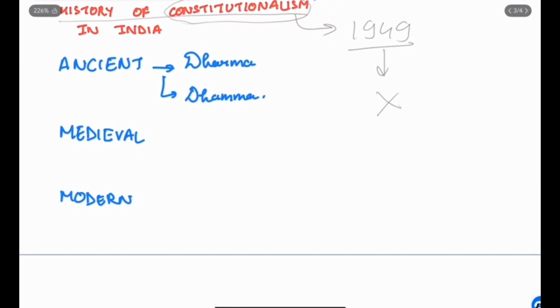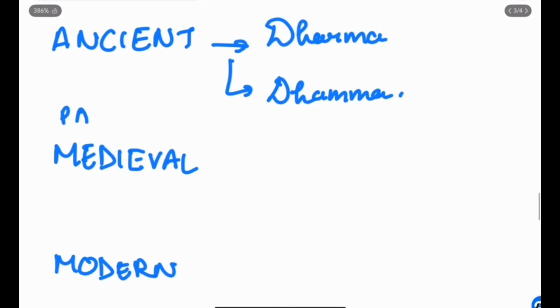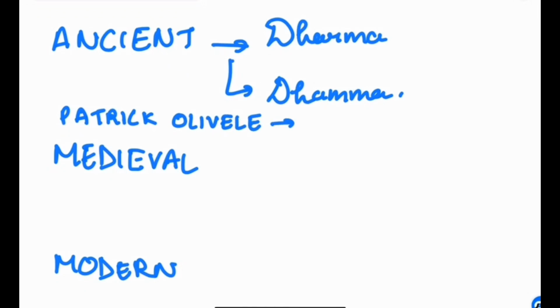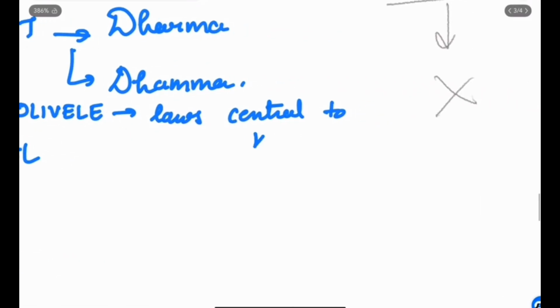And scholars like Patrick Olivelle have shown that laws were central to both Hindu, Buddhist, and Jain way of life.